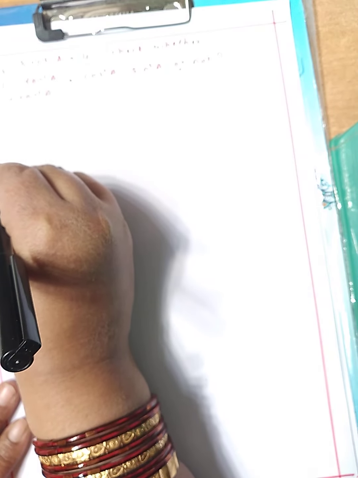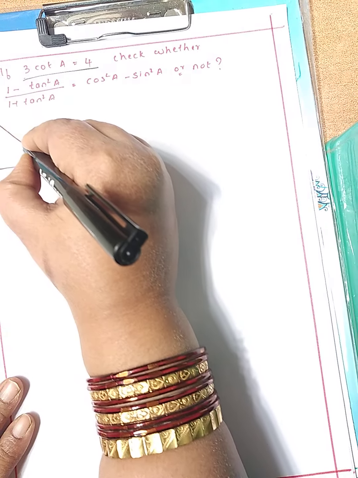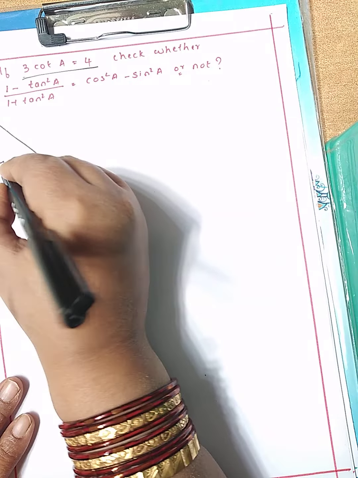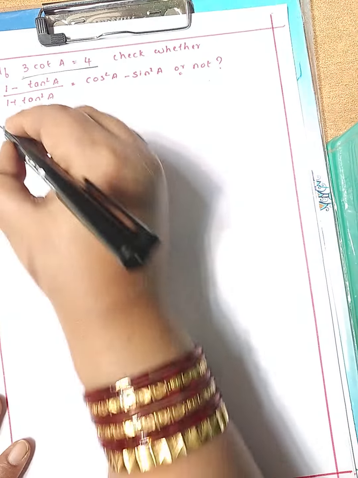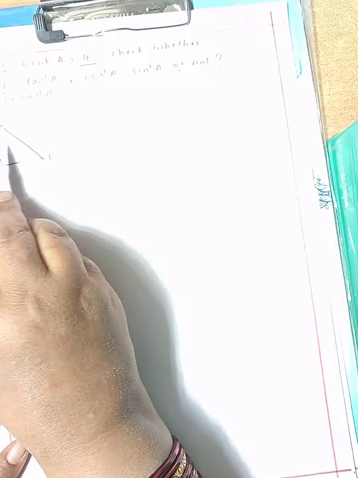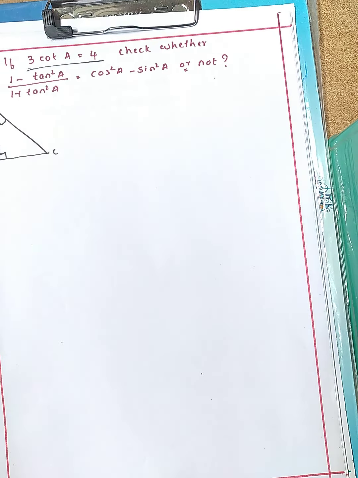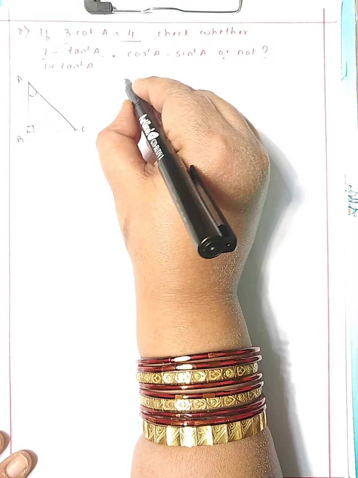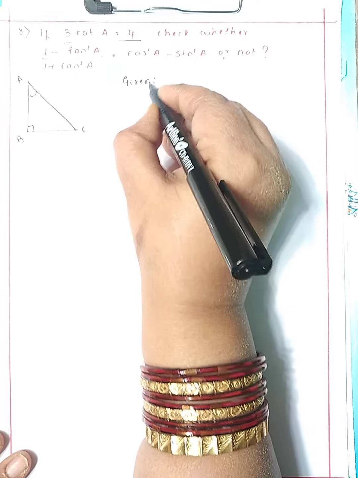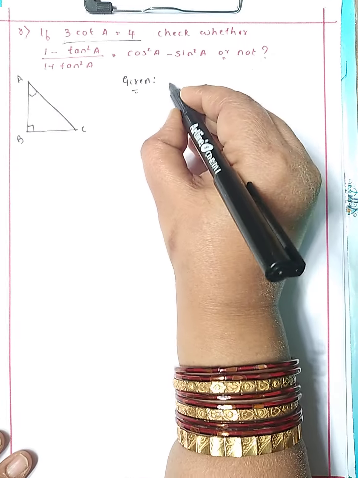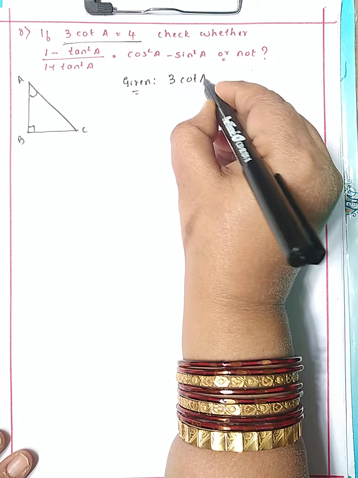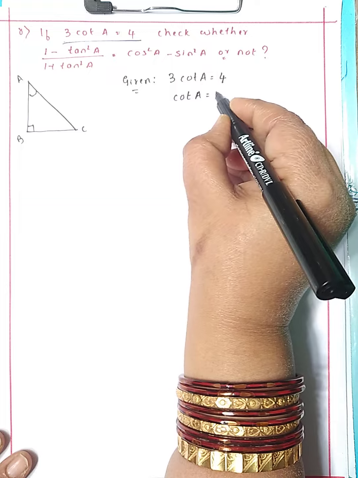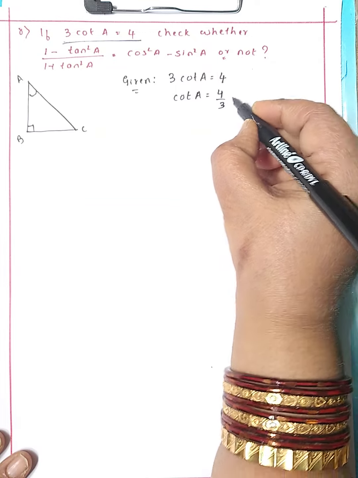Again, we have to find out all the sides of the right angle triangle. This is ABC, B at right angle, and we have to find out the ratios for angle A here. Given is three cot A equal to 4. Therefore, cot A equal to 4 by 3.